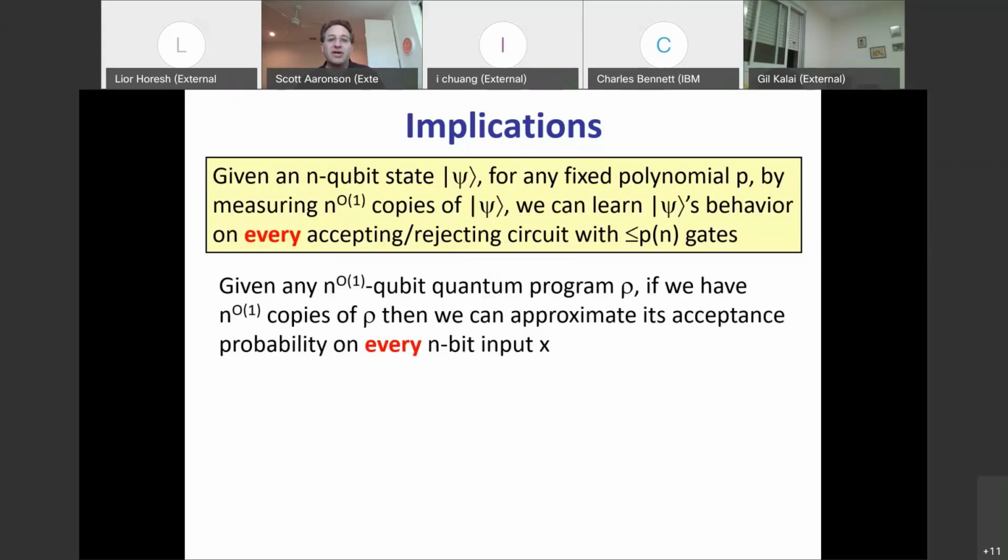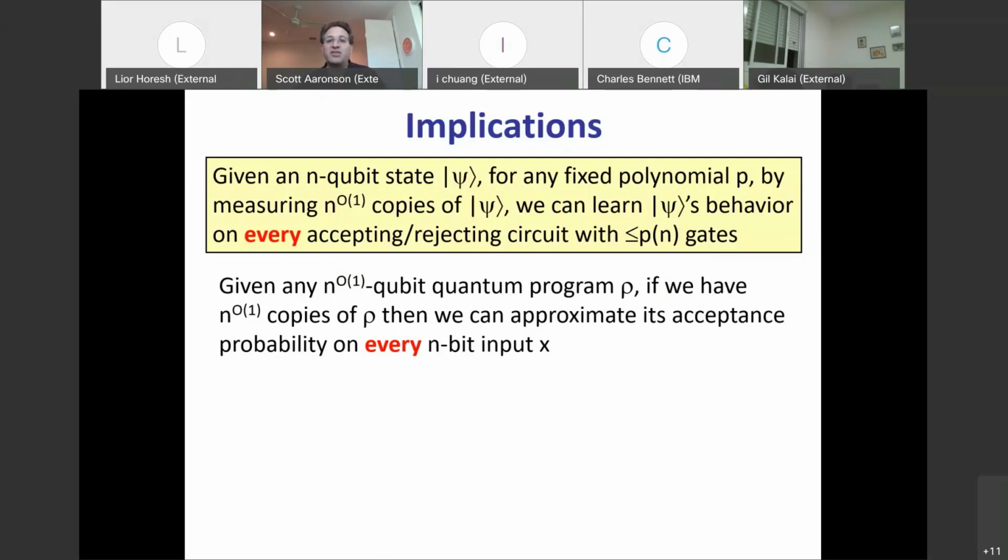Now another implication. Here is an implication for the future quantum software industry. If in the future we had people who were selling quantum states that you could just plug into your quantum computer and use as software, that is, use them as a program that could be run on many different inputs, with each input giving you a different way to measure the state in order to maybe learn the value of some function.